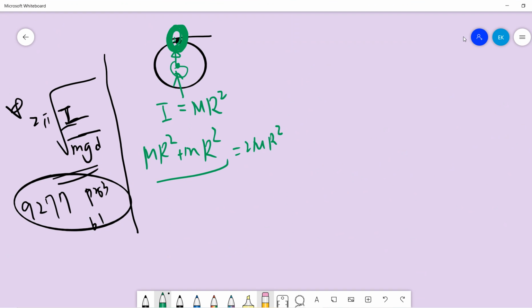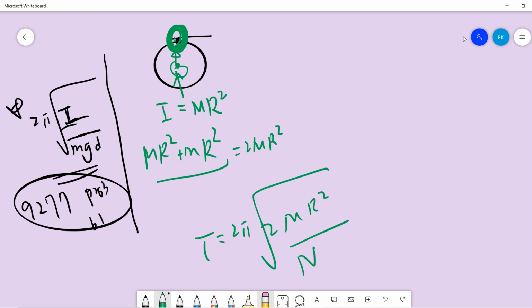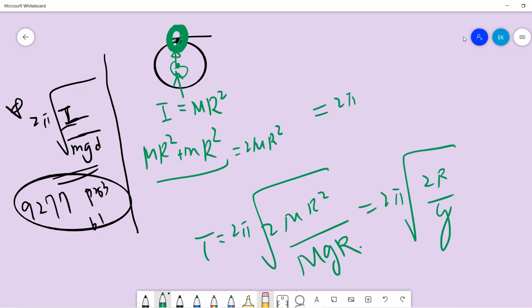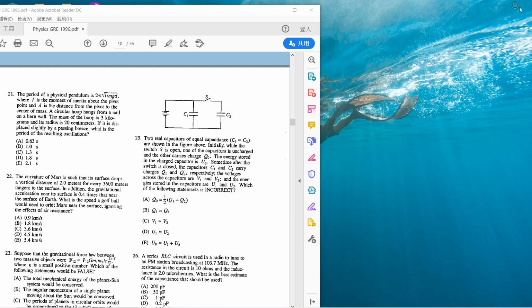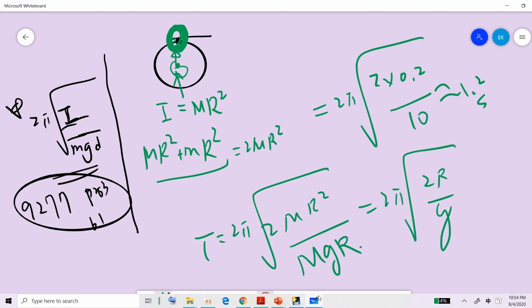The period is trivial: 2 pi times the square root of 2mr squared divided by mgr, which is 2 pi times the square root of 2r over g. So 2 pi times the square root of 20 centimeters divided by 10, which is close to 1.2 seconds. Very trivial. So the answer is C.